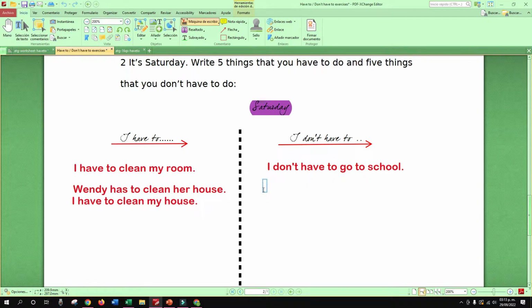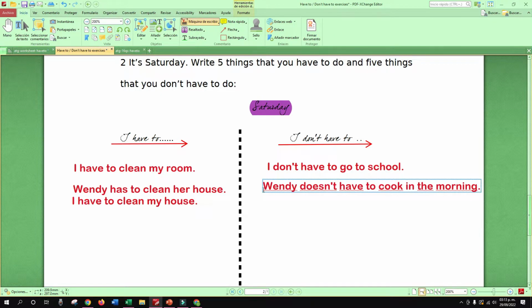And what about this one, Miss Wendy? Sorry, can you please repeat one of your sentences? I don't have to what? I don't have to cook in the morning. Ah, perfect. So you can say, Wendy, if you're taking like the third person, doesn't have to cook in the morning, right? Perfect.